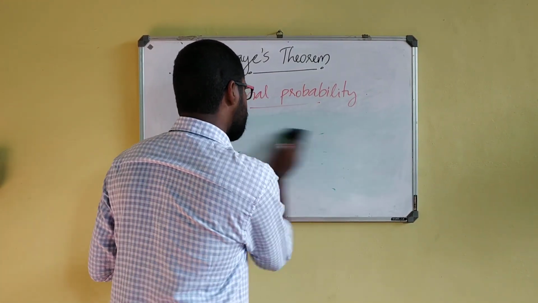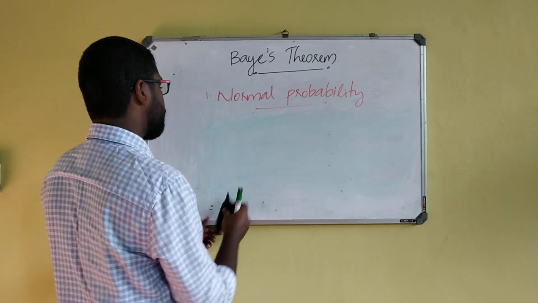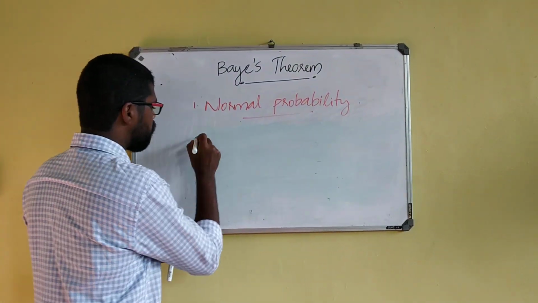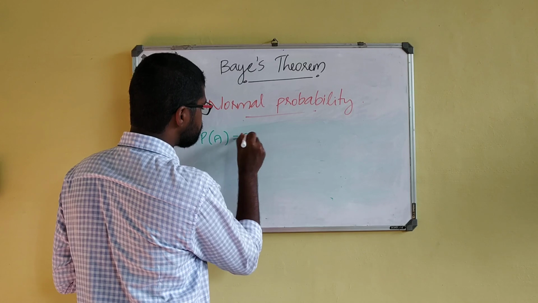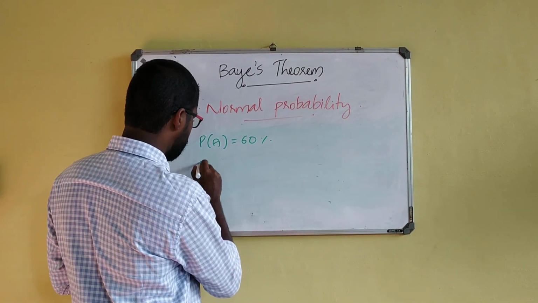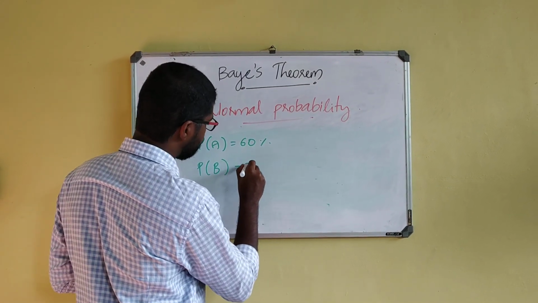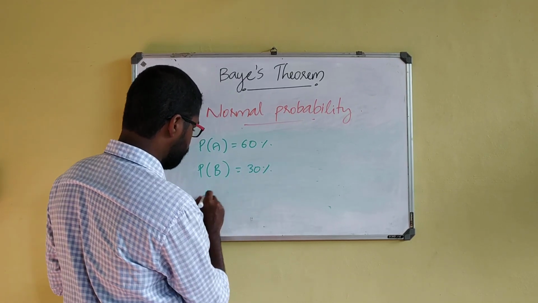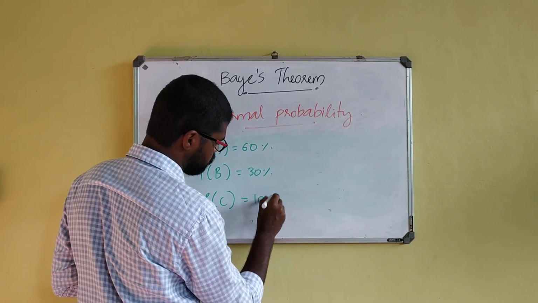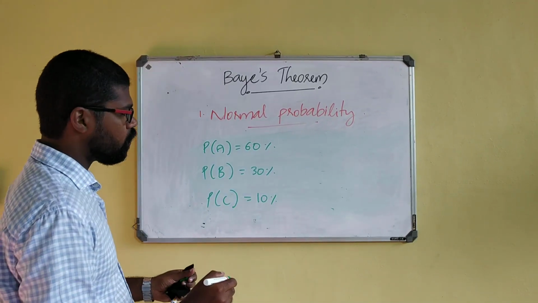And suppose a question is asked like this. Suppose probability of A is equal to 60% and probability of B is equal to 30% and probability of C is equal to 10%. So what does it mean?